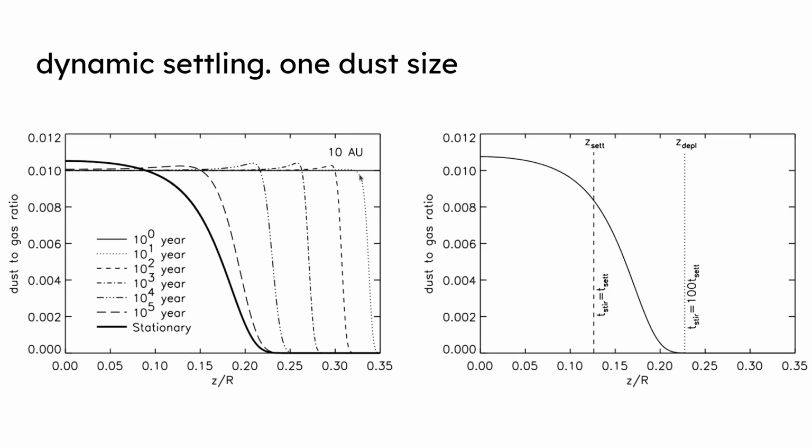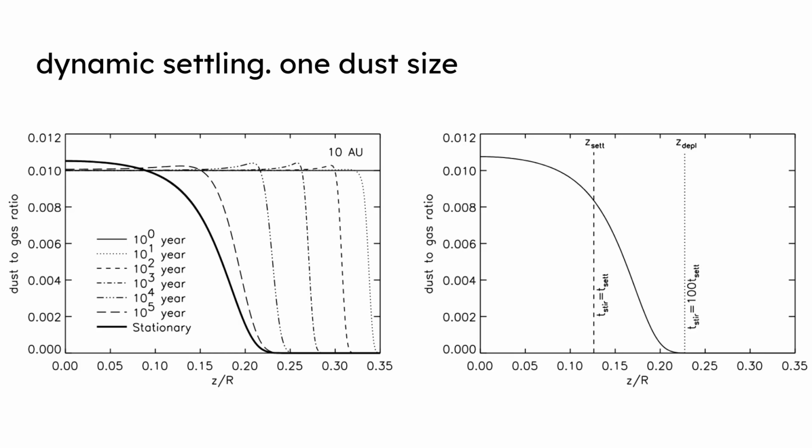And there are results for different years. At 1 year this is this constant line. So this is a well-mixed gas with dust at a constant 0.01 ratio.